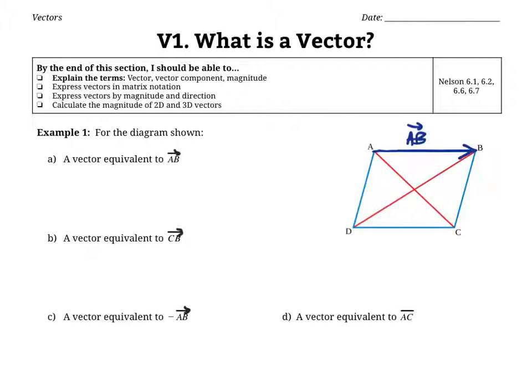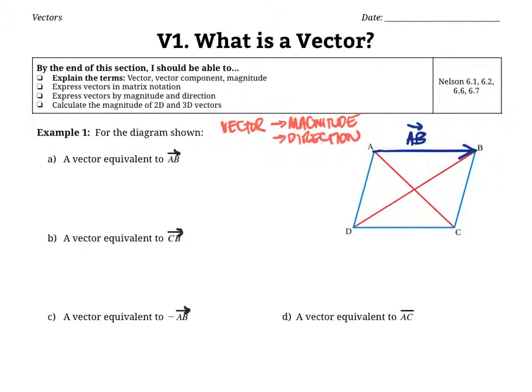So if we're looking for a vector equivalent to AB, AB is the vector that goes from A to B. What's another vector that has the same magnitude and direction? Remember, those are the two things that are important for a vector. I'm actually going to write those down. So a vector has a magnitude and a direction.